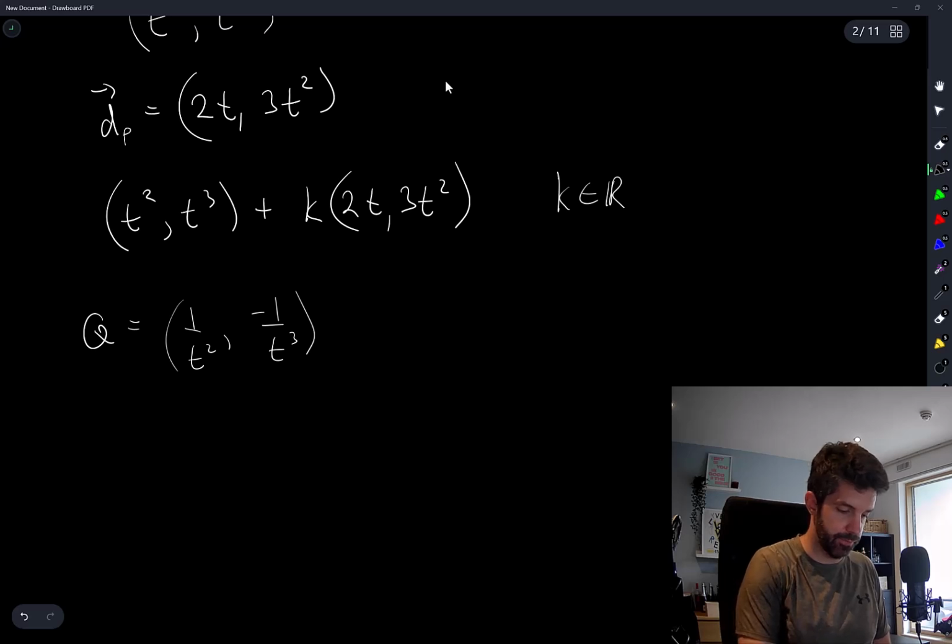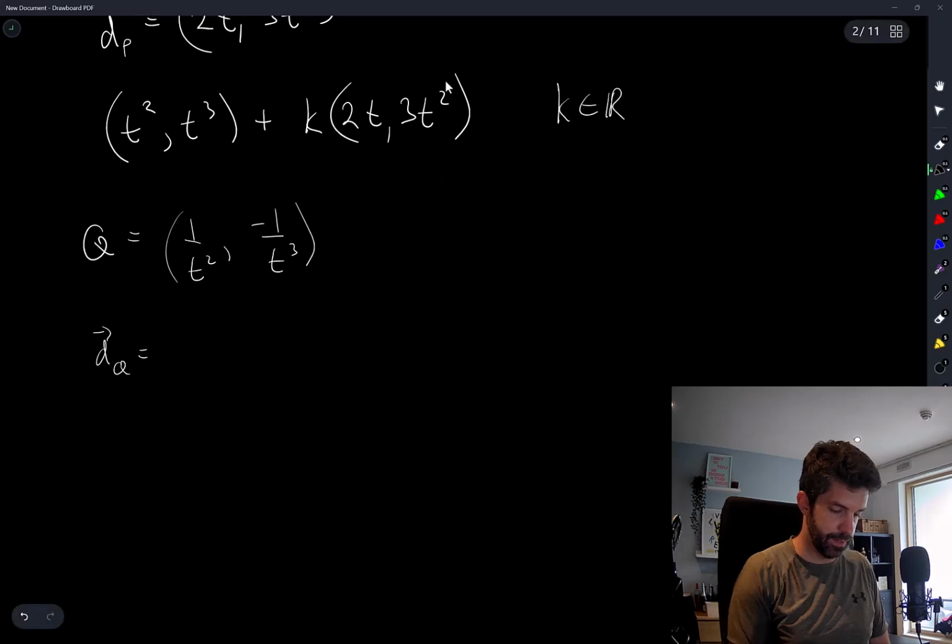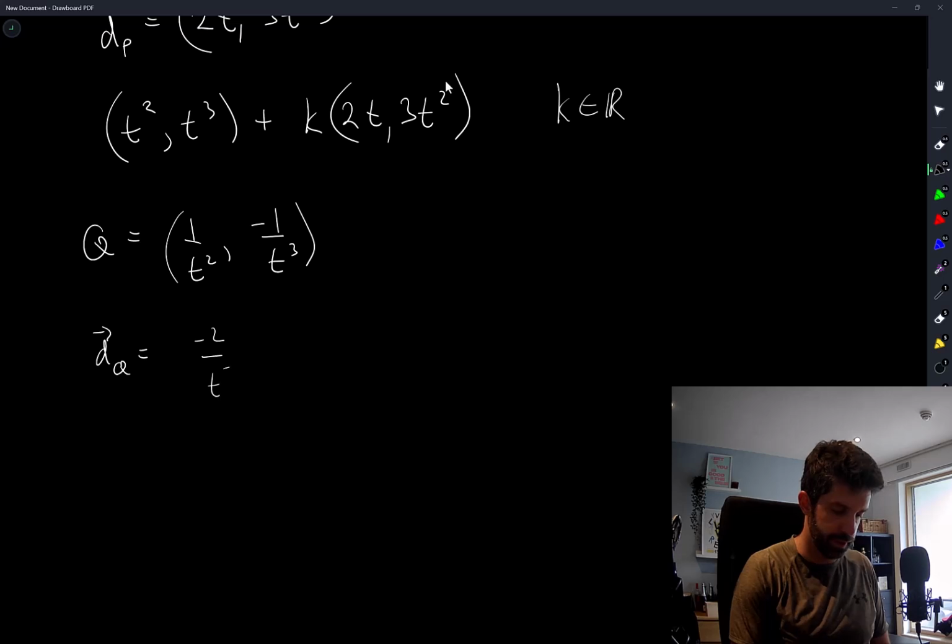So the direction vector of the tangent line here is going to be (negative 2 over t cubed, 3 over t to the 4).